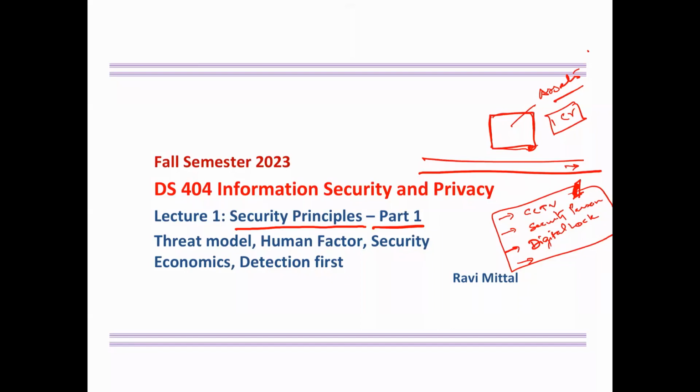Now, the next thing is, do you really have assets that you need to protect? Say the assets inside the house are maybe worth 5 lakh rupees, then you don't need to do too many things to safeguard these assets, because the cost of security can be much more than the cost of the asset or asset value.